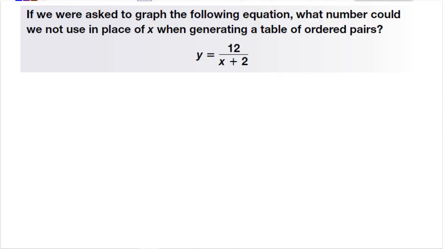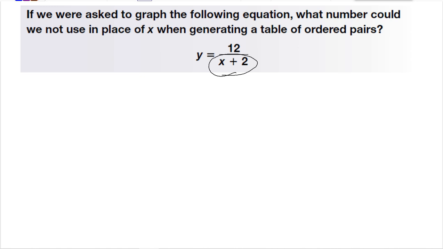Okay, so if we were asked to graph the following equation, what number could we not use in place of x when generating a table of ordered pairs? Basically, the number we can't use is anything that makes the denominator equal 0. So what would equal 0?